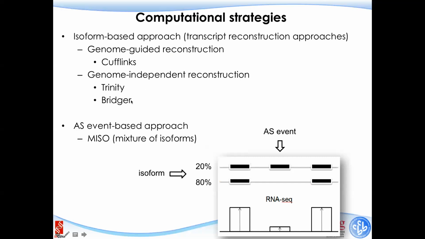We also talked about the alternative splicing event-based approach like MISO: rather than fully reconstructing the isoforms and the transcriptome, we just estimate the probability of exon inclusion for each alternative splicing event or each exon.